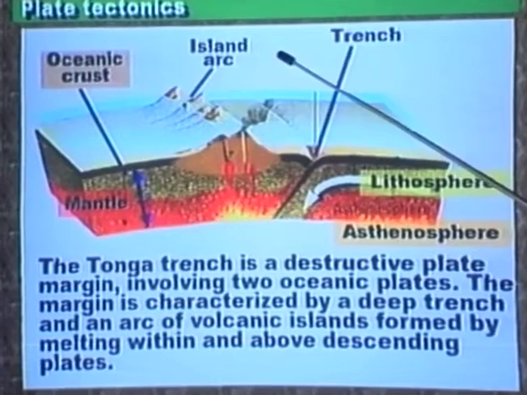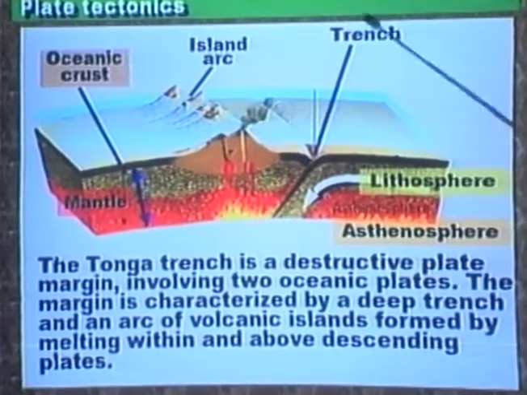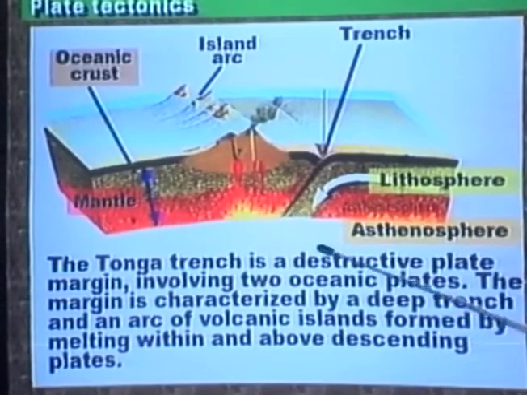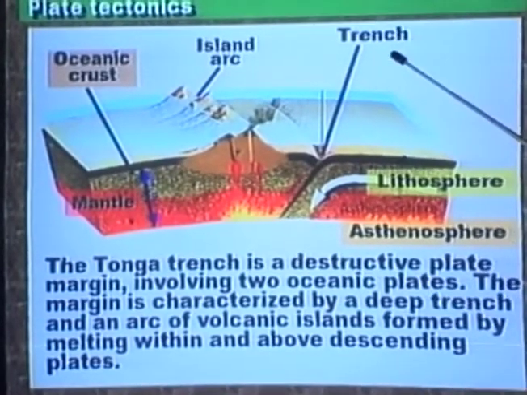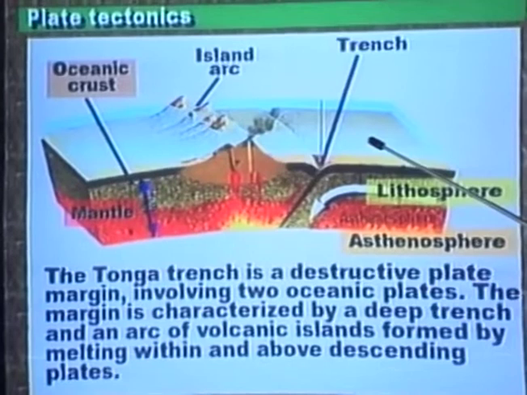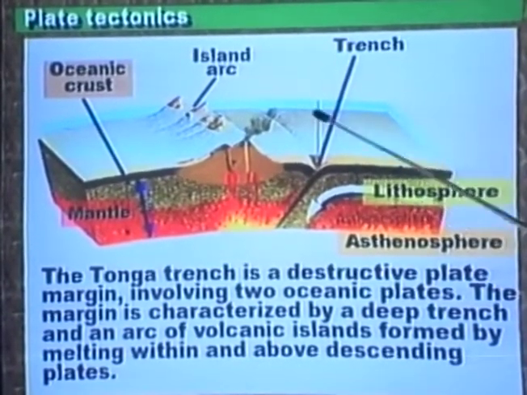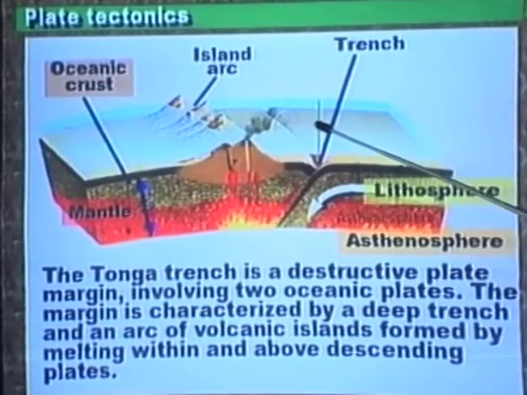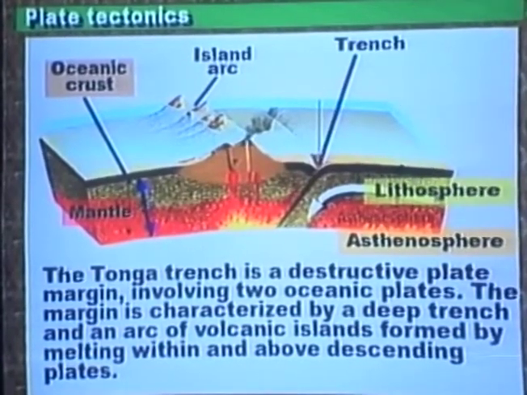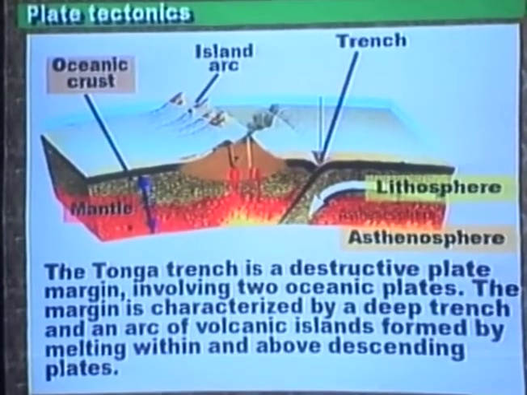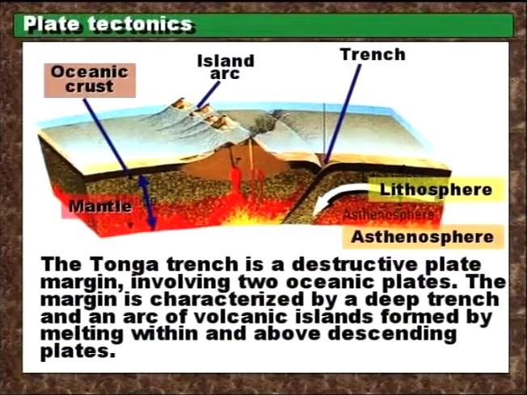So we have an oceanic crust meeting another oceanic crust, and note the weaker one subducting, resulting in the formation of a trench. And because this is to do with two oceanic crusts, you also have the volcanic arcs being formed. The volcanic arcs are simply islands which are volcanic, a line of volcanic islands giving us the volcanic arcs.